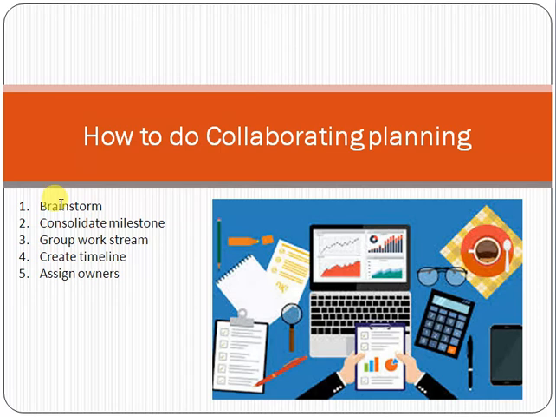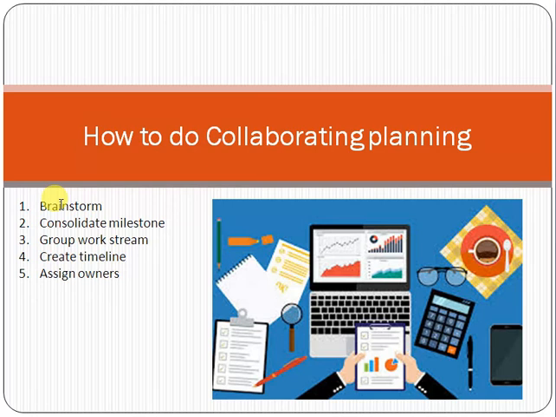Then create timelines. Once you know the milestones and the work streams, you can create the timelines after discussing with the team and collaborating with each other. And once you get the timeline, assign it to some owners.